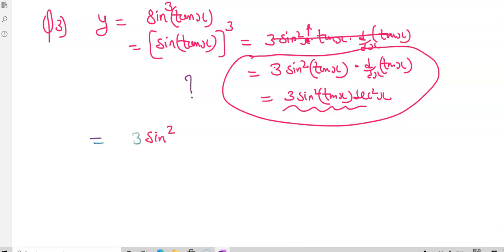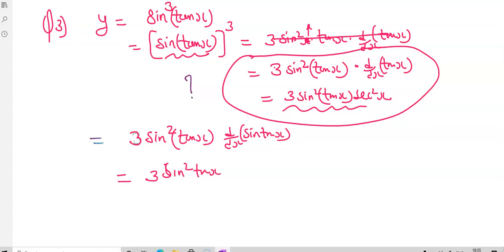sine square tan x. The function was this. I need to differentiate sine tan x. So it is 3 here, I make it bold. It is sine square tan x.